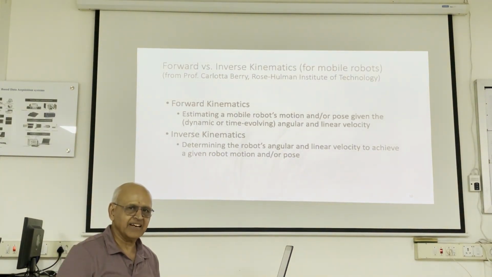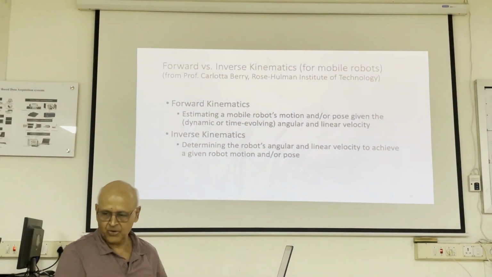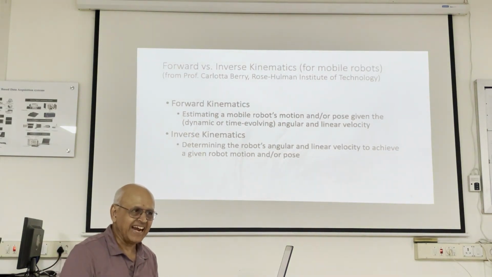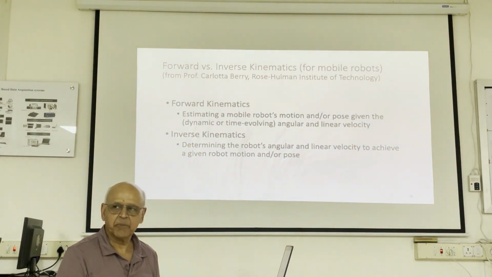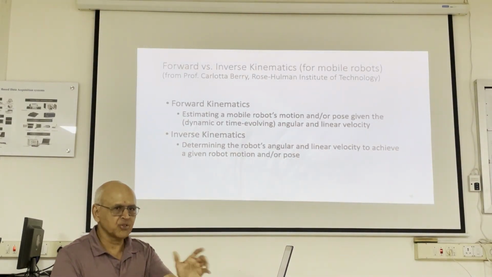What are the commands needed to go there? That has many solutions. I can go like this, I can go like this, right? So there are many solutions, you agree? And that requires optimization. You can't make money on forward kinematics because the computer will do it much faster than you can do it. Do you all agree?